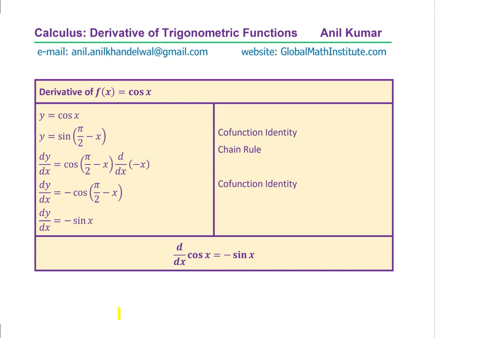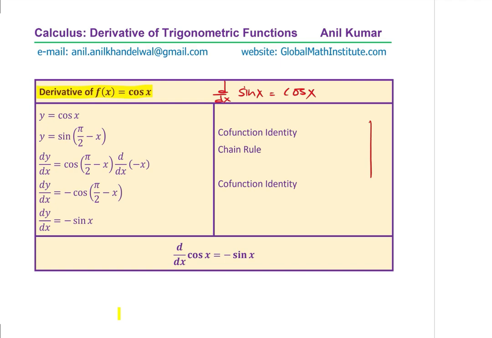Okay, well, how do you find the derivative of cosine x? We know the derivative of sine x, right? We just figured out that d dx of sine x is equal to cos x. We're going to use this. Well, cos x can be written as sine of pi by 2 minus x. You remember the co-function identity, right?